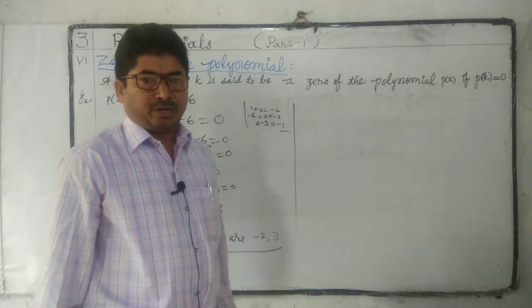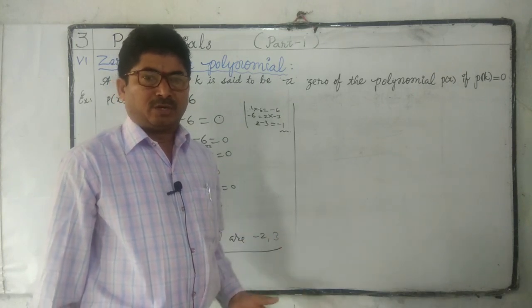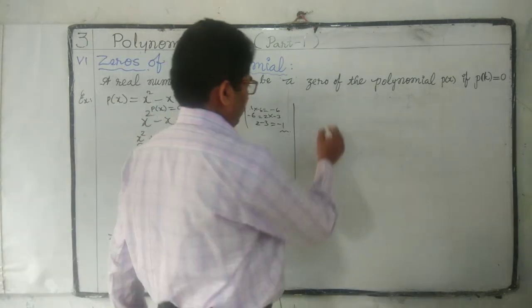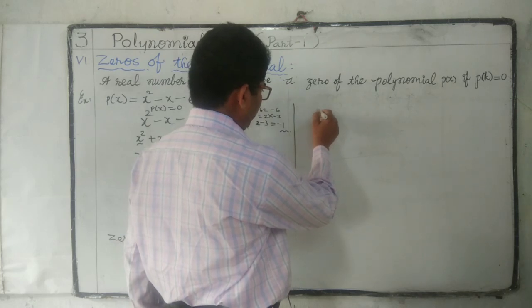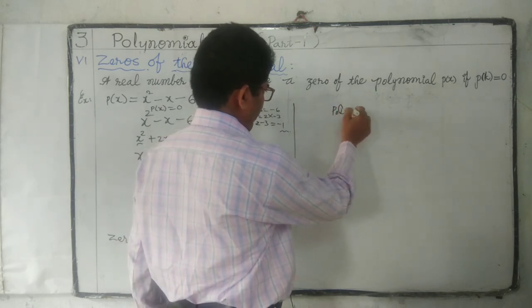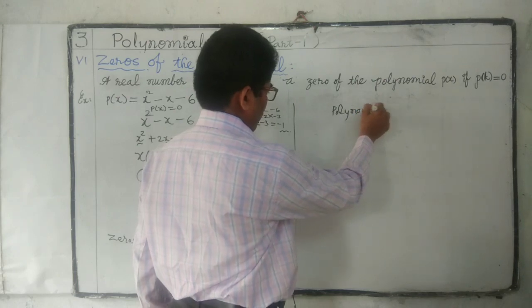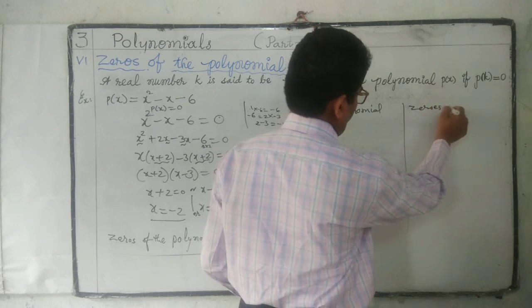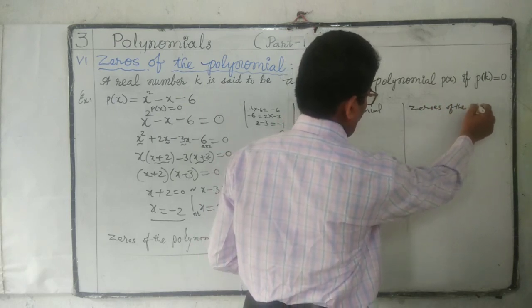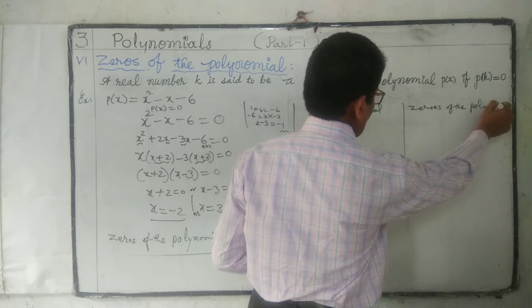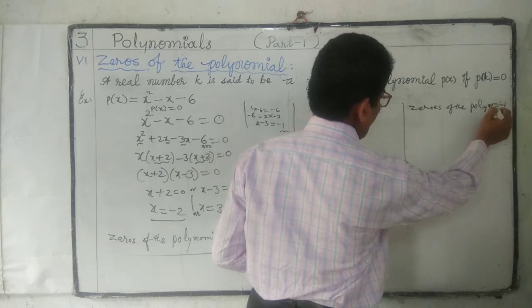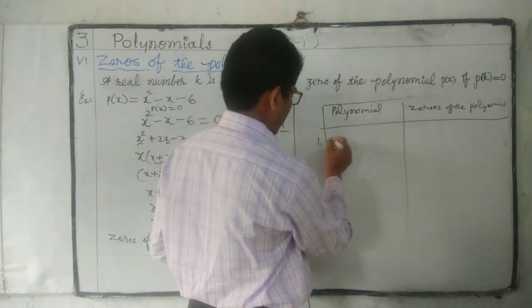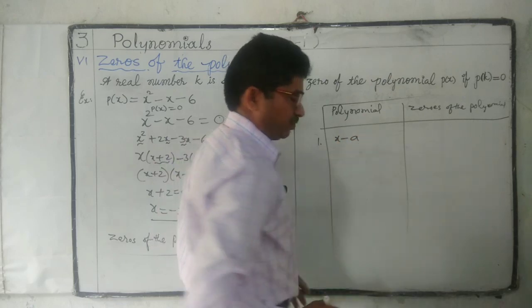Without doing this process also, we can identify the zeros of a linear polynomial. Example: x minus a is a polynomial.